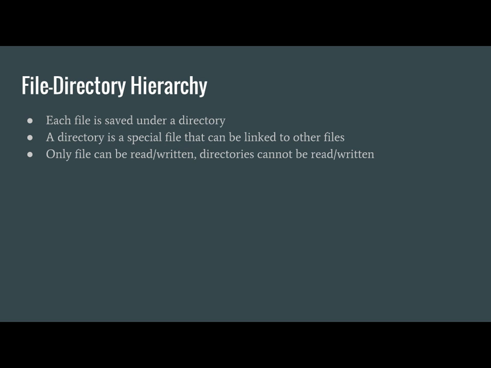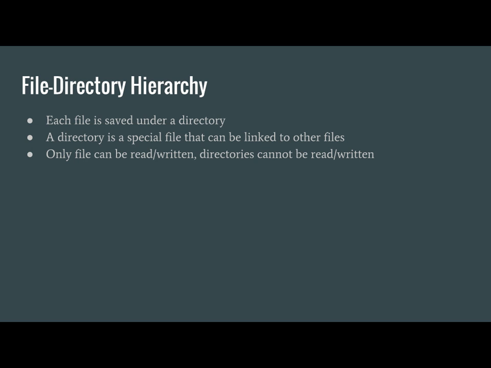Okay, so we talked about how to modify a file and read a file, and now we need to know how to locate the file, how to find the file on the disk. And it turns out that we need to understand a little bit about files and their directory hierarchy. All the files on a computer are stored under a directory.